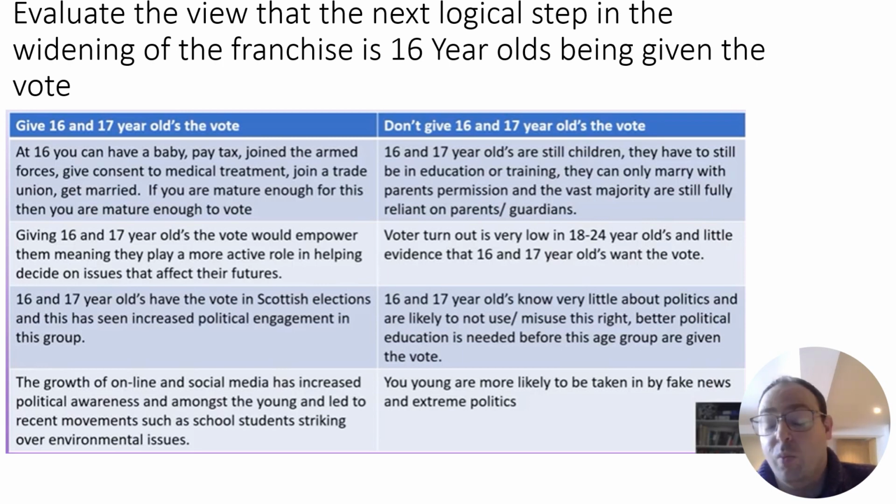Now we're going to say, oh, maybe we should give 16 and 17-year-olds a vote, but we have education ending at 18, and then for getting on for half of the people of that age group, they then go on to university. So the idea that we have financially independent 18 to 21-year-olds out in the world is debatable, let alone 16 and 17-year-olds. So there's a strong counter there.